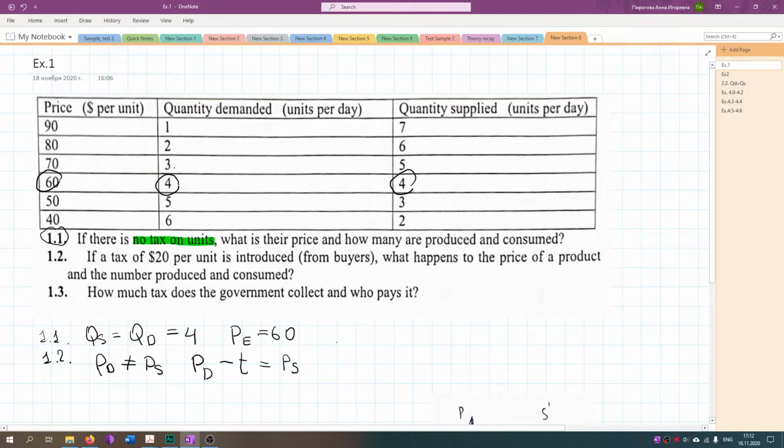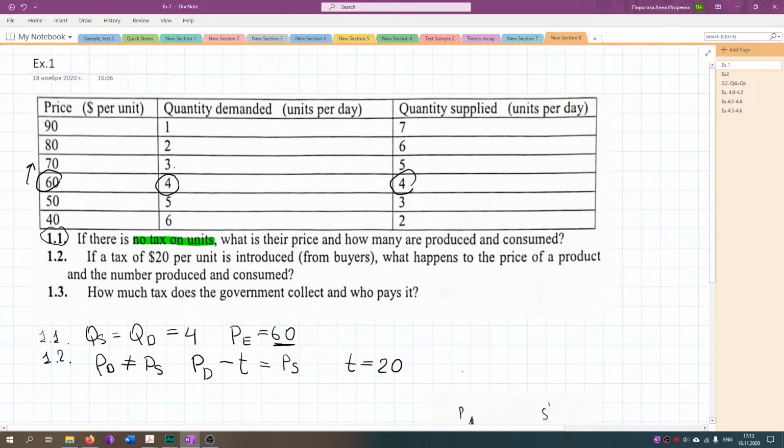And let's find out. If we look at the task, we will get t is equal to 20, and our price for buyers will be higher than in the previous case, and it will go up.